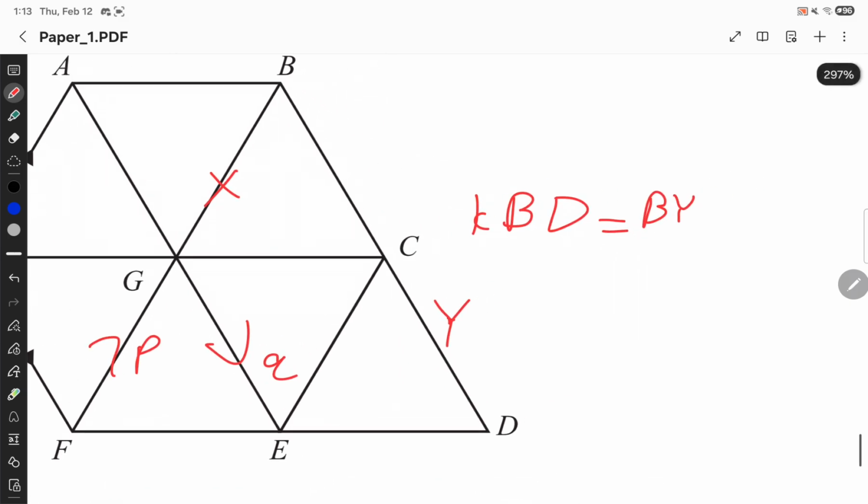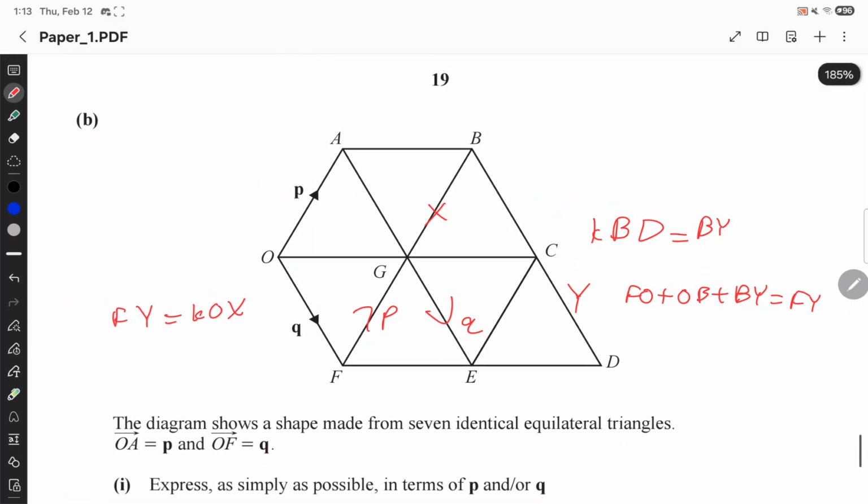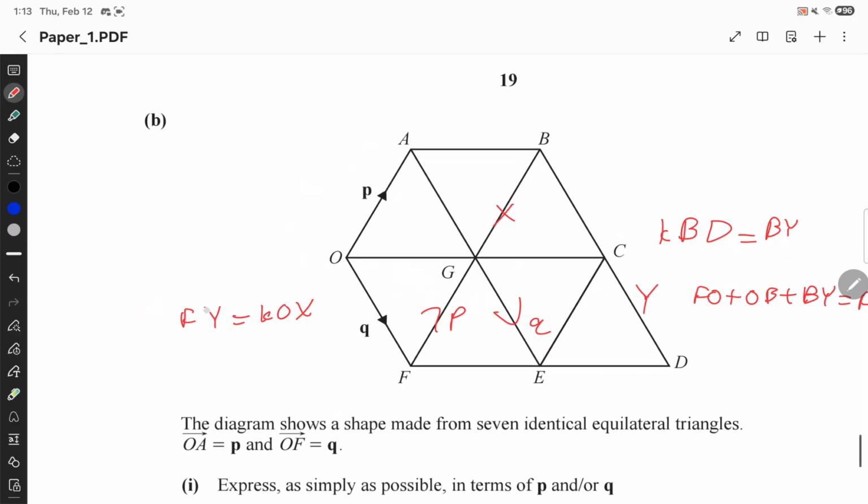And using this, we know FO plus OB plus BY leads us to FY as well. So using this, we can make simultaneous equations.